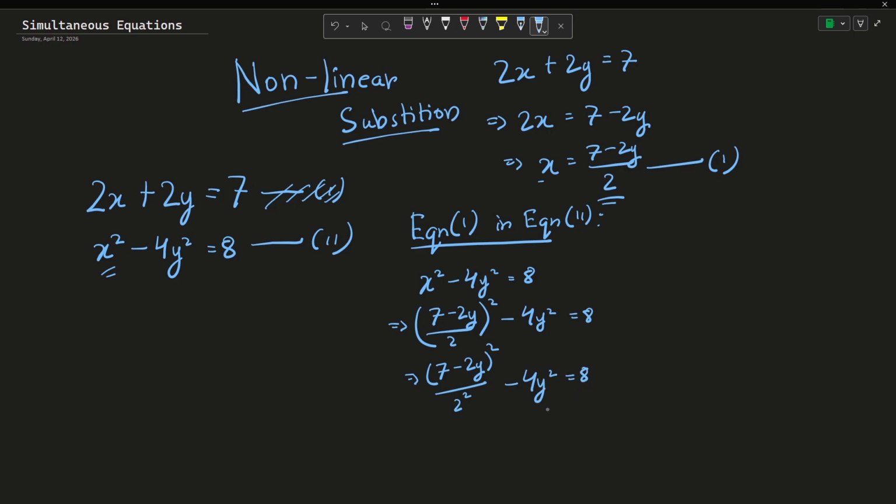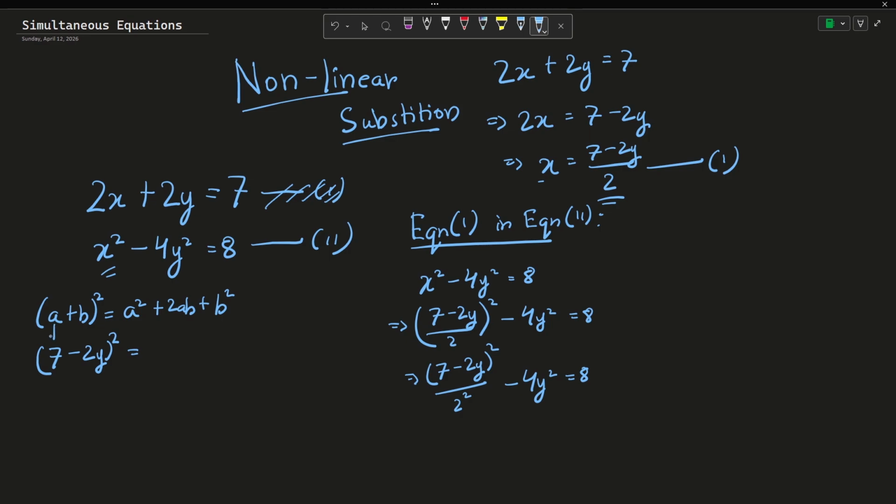Now this is a simplified version. Another important thing I want to mention is the identity (a plus b) whole squared, which is a squared plus 2ab plus b squared. In this case we have (7 minus 2y) whole squared.